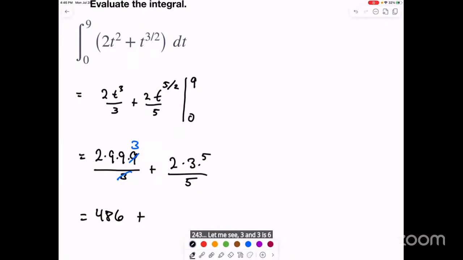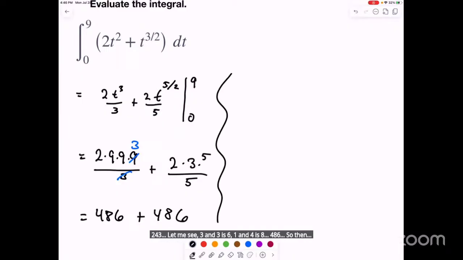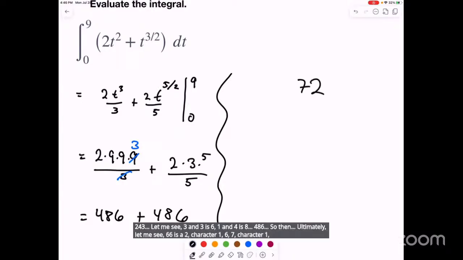Let me see, 3 and 3 is 6, 1 and 4 is 8, 486. So then ultimately, 6 and 6 is a 2, carry the 1, 6, 7, carry the 1, 8, 9, 972.